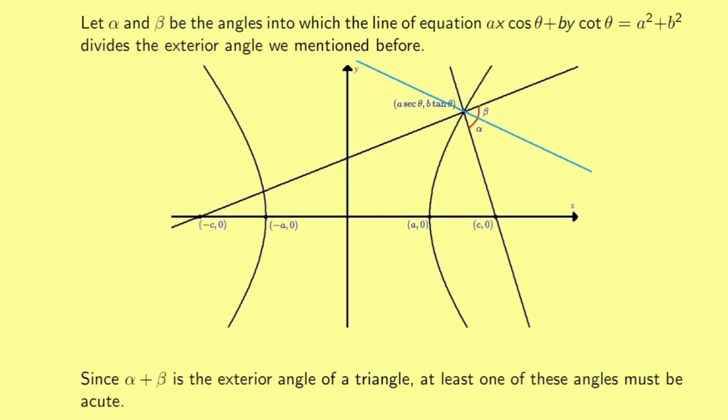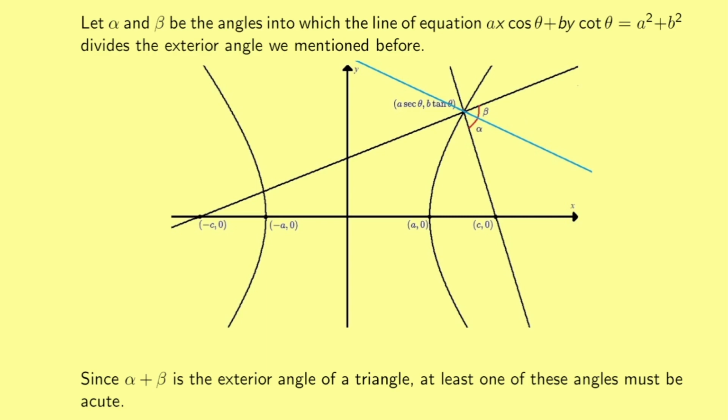But suppose that maybe this angle would be obtuse. It would be greater than 90 degrees. But if this angle were greater than 90 degrees, then the acute angle between these two lines, this blue line, the normal line, and this line would be pi minus beta. This would be an acute angle.